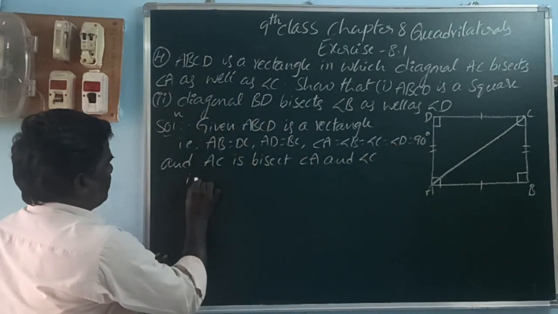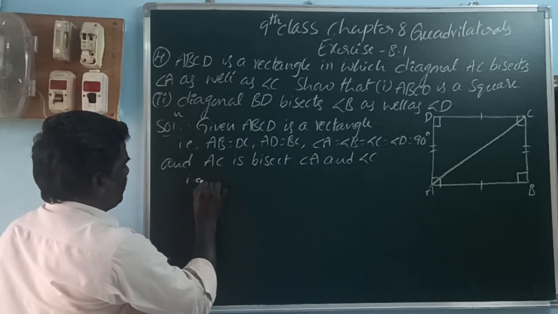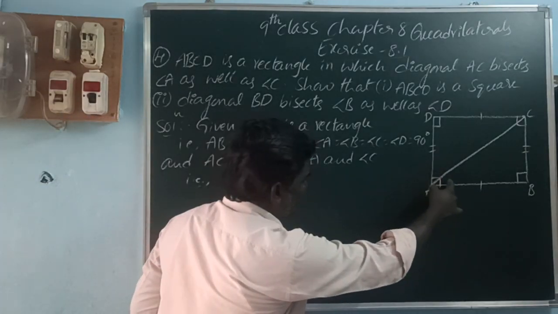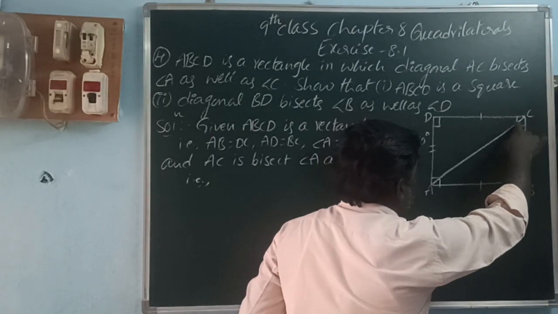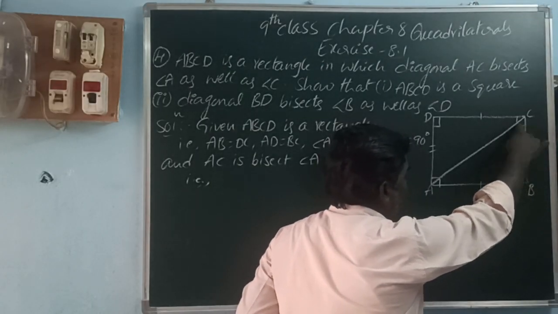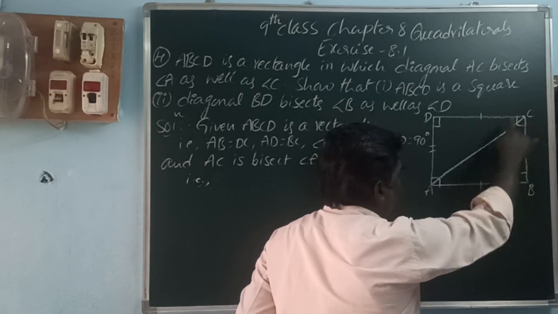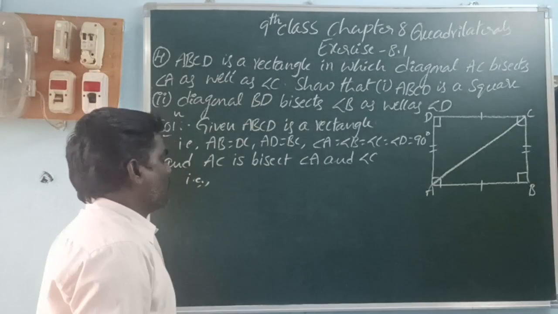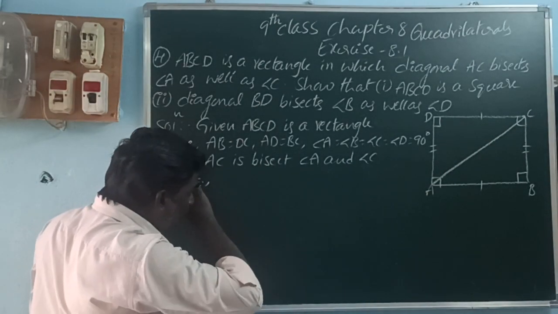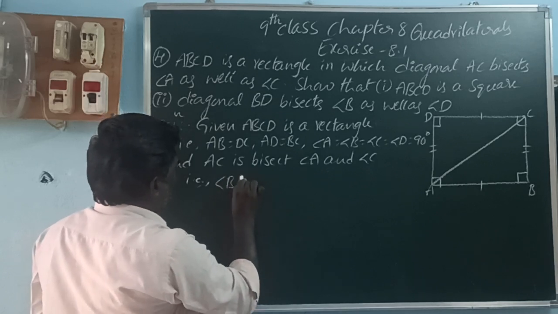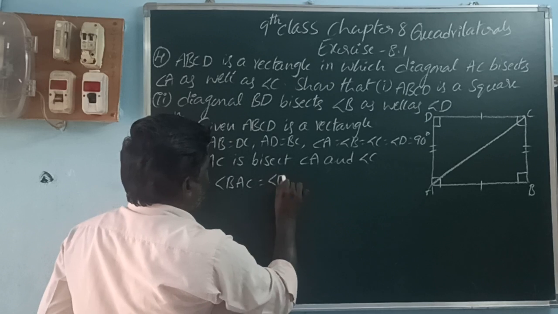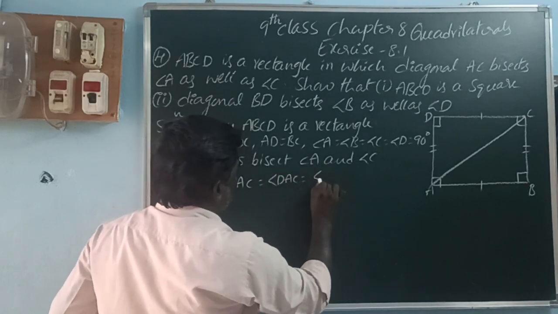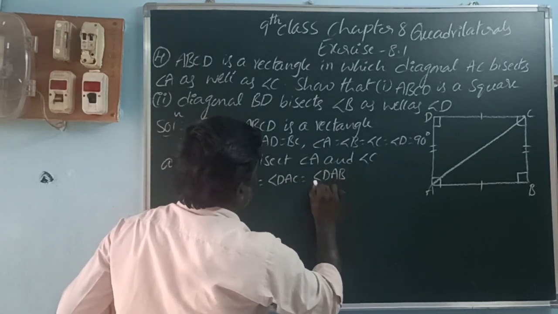Angle A is how much? 90 degrees. This 90 degrees is divided into two parts. Angle C is also how much? 90 degrees. So this angle is divided into two parts, 45, 45, 45, 45. So here angle BAC is equal to angle DAC is equal to angle DAB by 2.